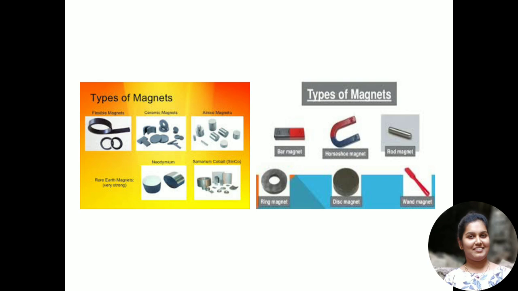The north pole points towards Earth's north magnetic field. The south pole points towards Earth's south magnetic field. The north pole of a magnet is attracted to the south pole of any other magnet and repelled by the north pole of another magnet. And the last point is that cutting a magnet forms two different magnets, each with north and south poles.